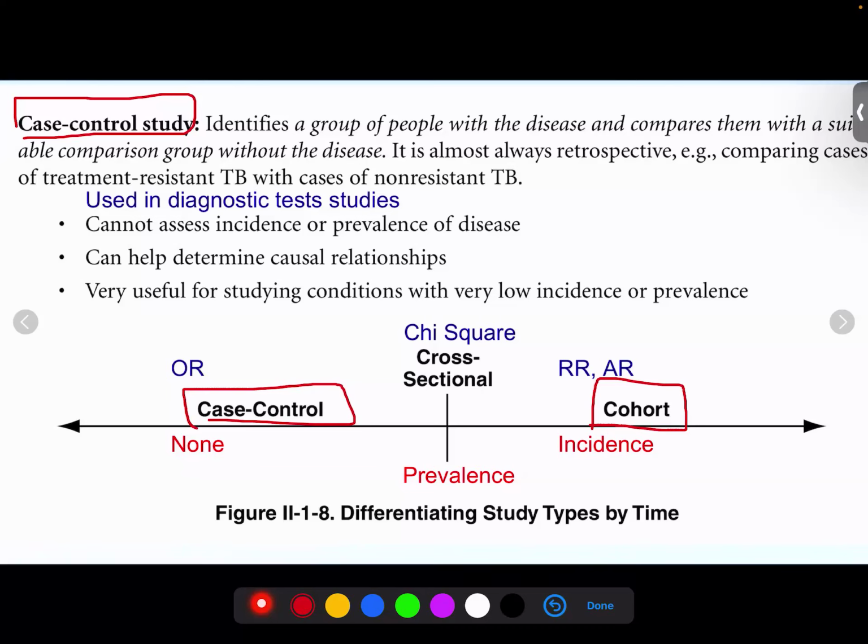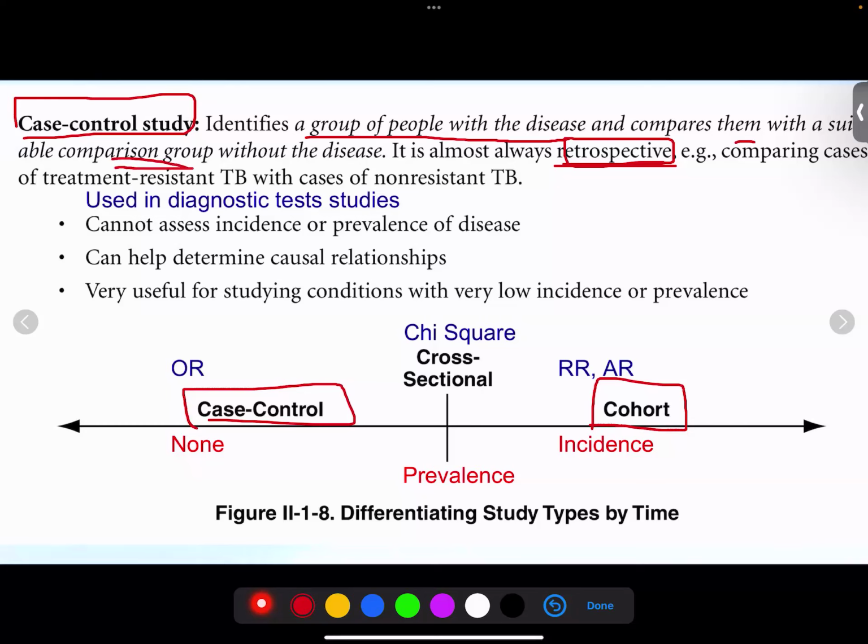So case control, you can easily remember that it is almost always retrospective. Retrospective means that you are going backward. How are we going backward? You identify a group of people with the disease, be it lung cancer or any kind of disease, and then you compare them with a suitable comparison group.